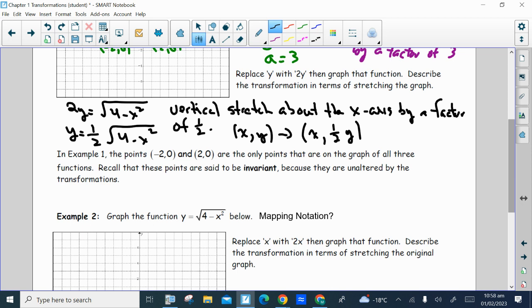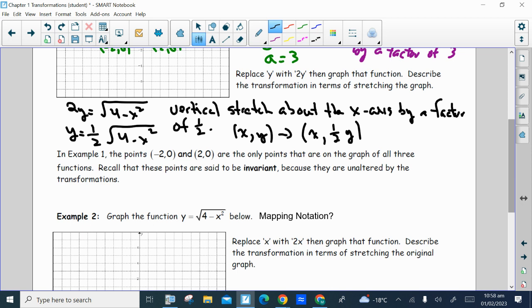When a is negative, that does something different. It reflects it over the x-axis. So when a is negative, you have two different transformations as long as the numerical value changes. The negative reflects it over the x-axis. The actual numerical value of a, the absolute value of a, tells you the vertical stretch factor. You need to memorize this stuff.